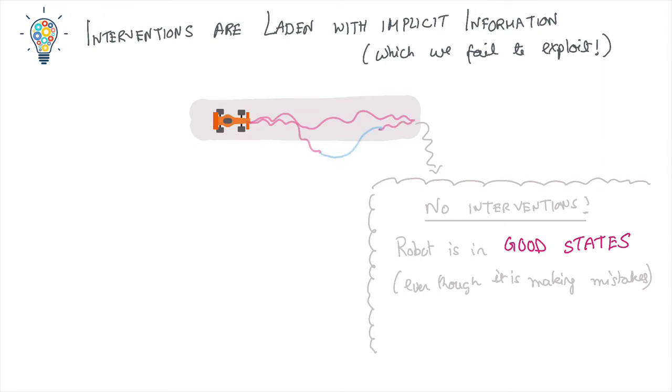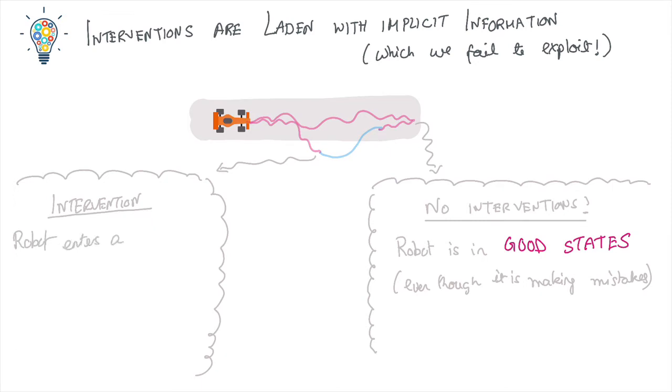However, if the human does intervene, what can we say about those particular states? Well, we can say that at the point of intervention, the robot has entered a bad state that's deemed unacceptable to the human, maybe because it made a series of mistakes and got off track.